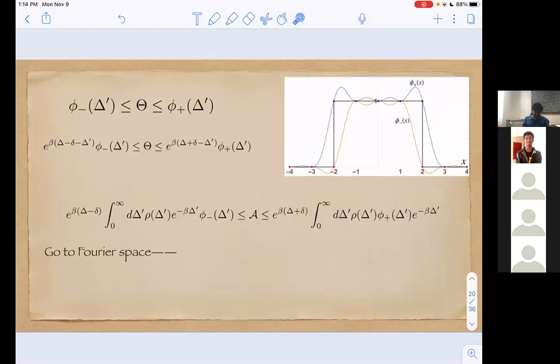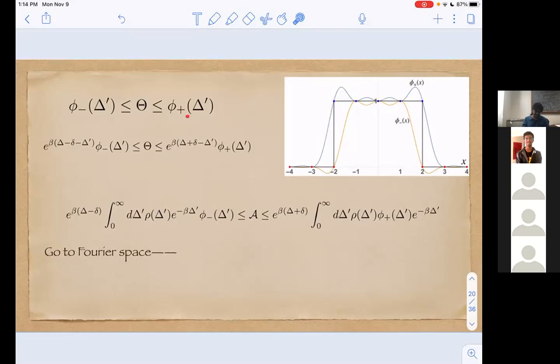Now we want to see how we can estimate this, regularize it and cut off the integral. For this we should look at this picture. Basically we want to count the number of states within this window. We approximate the characteristic function of this window by two functions, phi plus and phi minus, which go slightly above and slightly below it.